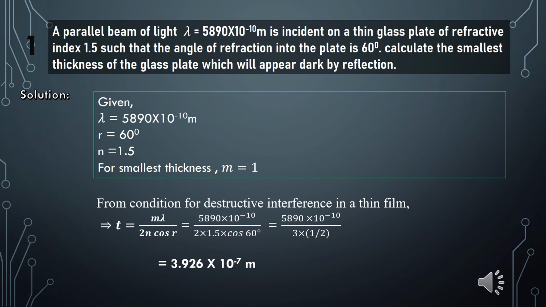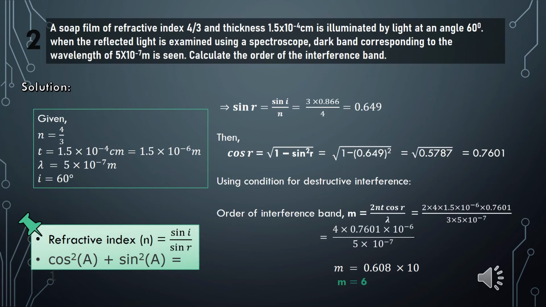From the condition for destructive interference in a thin film, t is equal to m lambda by 2n cos r. Substituting the values in the expression and simplifying, we obtain t is equal to 3.926 × 10^-7 meter.